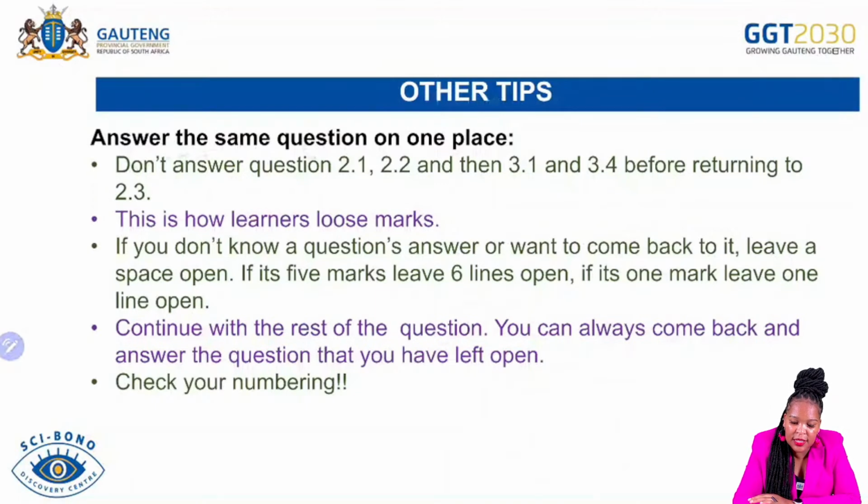You can answer the same question on one page. Please. Sometimes we tell you can answer questions when you remember them, but your paper needs to be clean. We need to mark, because then you're going to lose marks. If you separate your questions in the sub questions, like you write your 2.1 this side and 2.2, and then it is followed by 3.1 and then 3.4, there is no logic there.